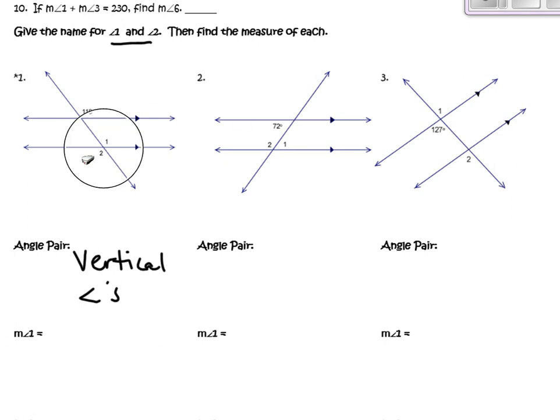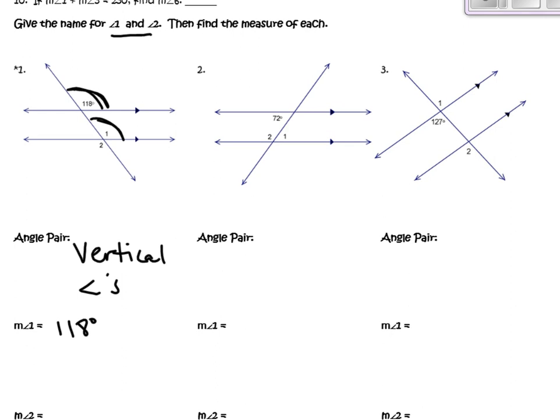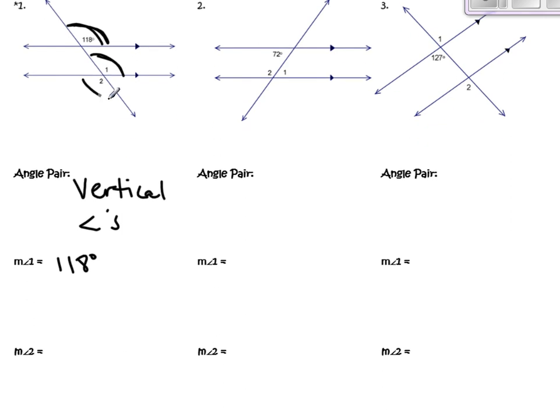And in order to find the measure of angle 1, I know that this is 118 degrees, and that 118 degrees are formed by parallel lines. So angle 1 and 118 degrees are going to be congruent. And since angle 1 and angle 2 are congruent because of vertical angles, then angle 2 is also 118 degrees.